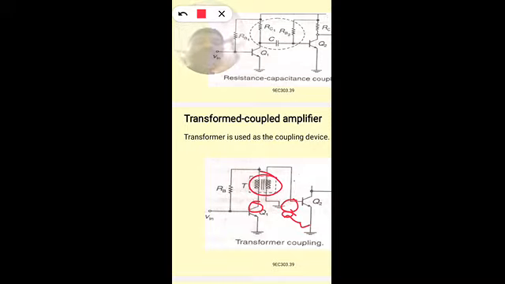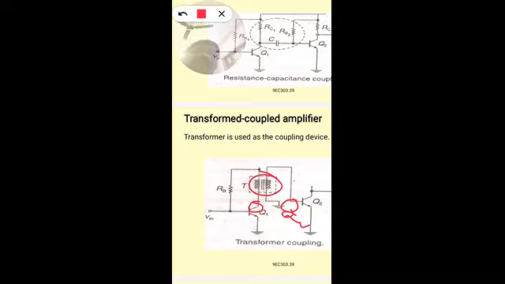So the output of the first stage amplified signal will be obtained at the primary winding of the transformer, that is mutually coupled to the input of the second stage amplifier using the secondary winding.